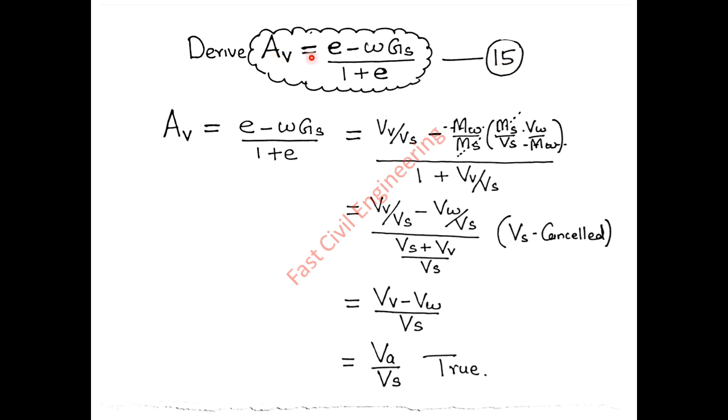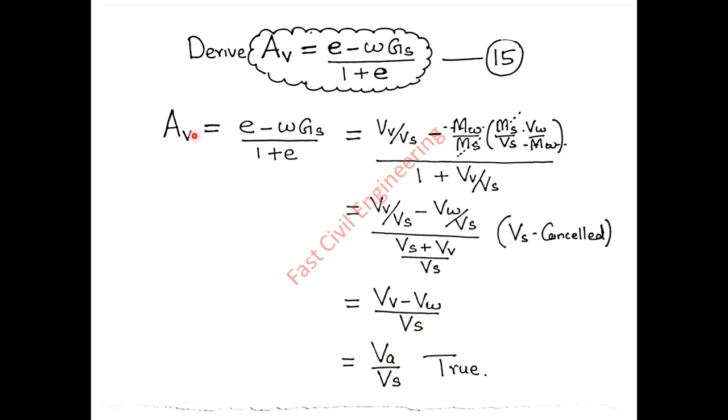That means air voids is equal to (void ratio minus water content into Gs) over (1 plus void ratio). Okay, definition of E is volume of voids over volume of solid, minus definition of W, mass of water over mass of solid, definition of Gs, check the definition, over 1 plus E, where E is volume of voids over volume of solid. Then simplify this equation.